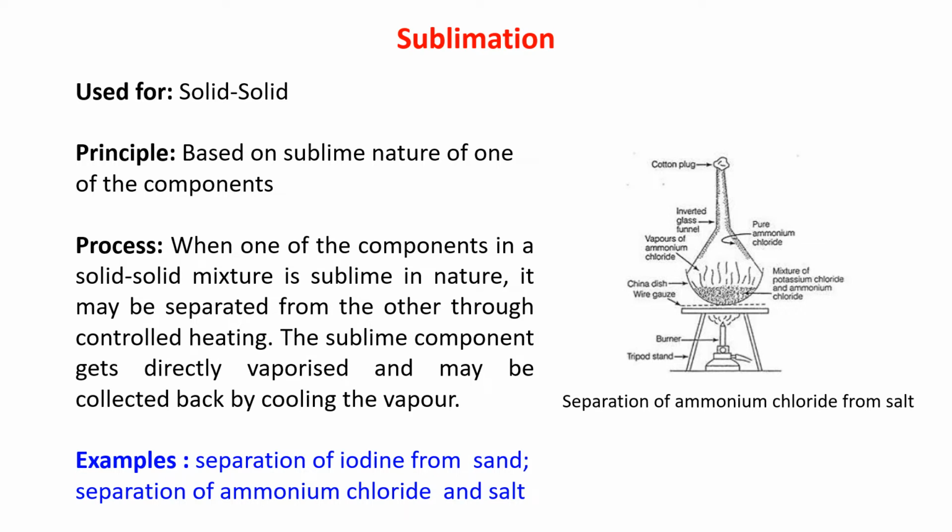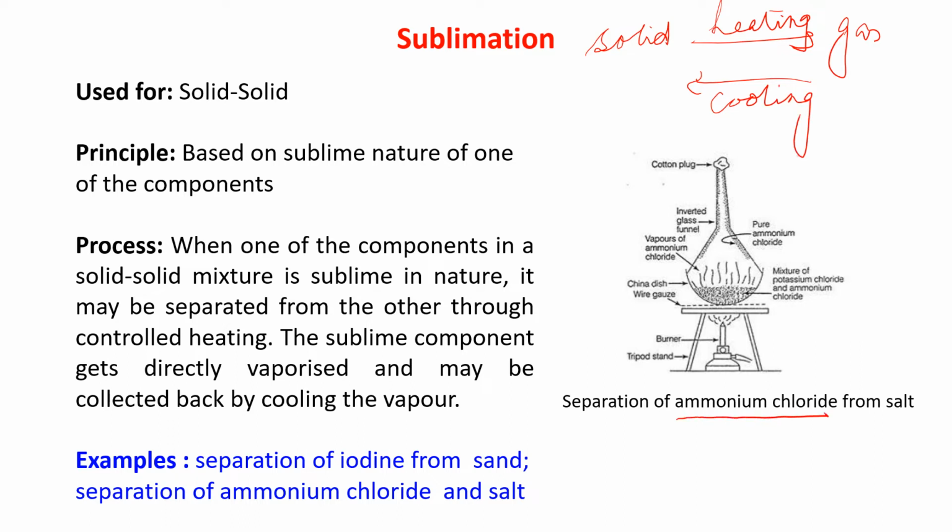Now you know what a sublime substance is: when a solid on heating directly changes to gas, and the gas on cooling directly changes to solid. Ammonium chloride is one of the sublime substances. Other examples of sublime substances are iodine, camphor, and naphthalene.